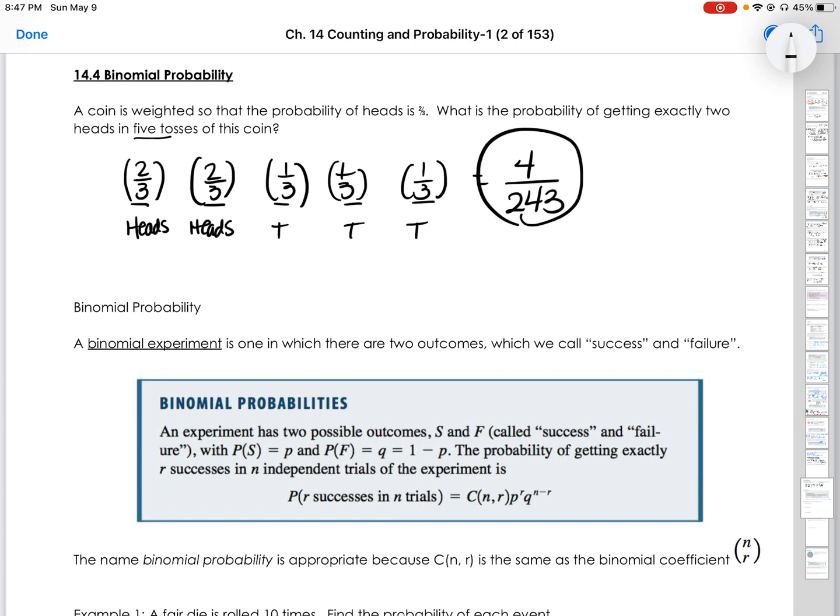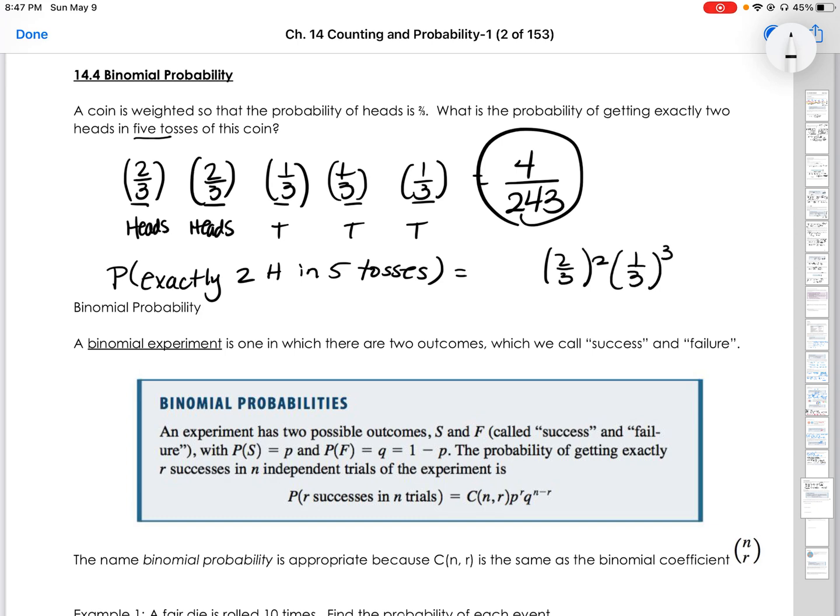What you start to notice here is that when I am calculating this probability, the probability of getting exactly 2 heads in 5 tosses is going to be this special probability here of 2/3 squared times 1/3 to the 3rd power.